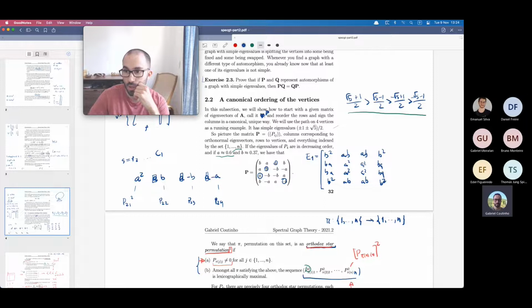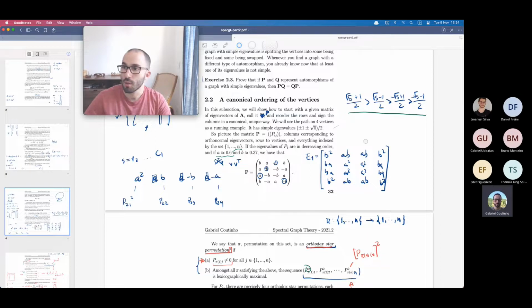So this is the first matrix. I'm simply getting this vector and multiplying by itself, but not like this, like this. So this is the projection onto this vector.